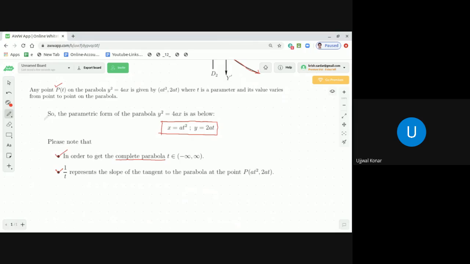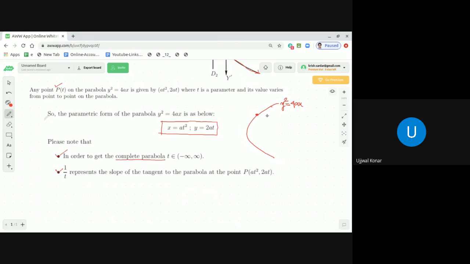It means that if I have a parabola, something like this, y square equal to 4x, suppose you take a point P here. So this is the equation y square equal to 4ax.